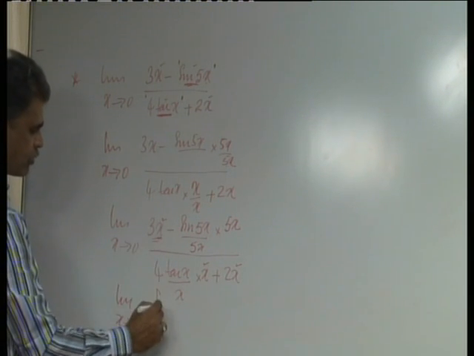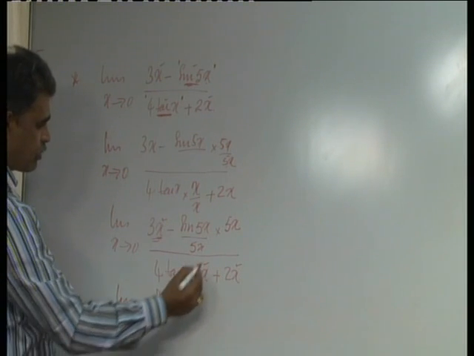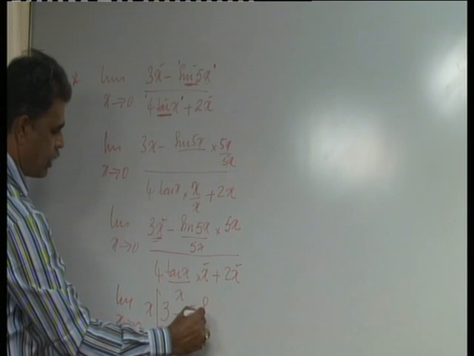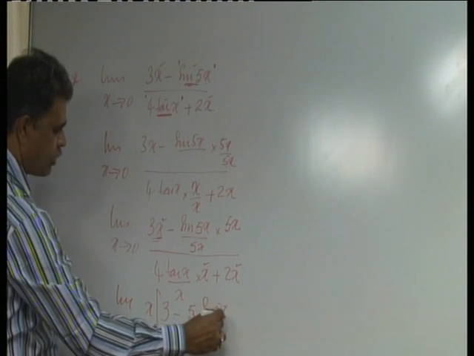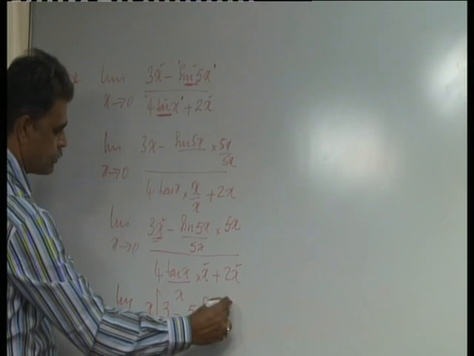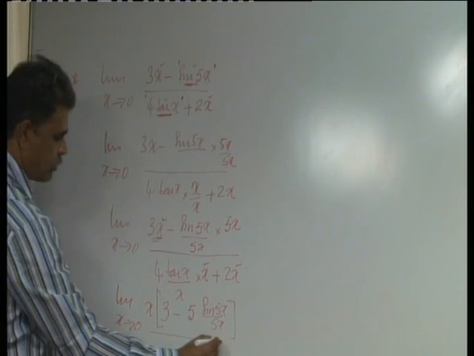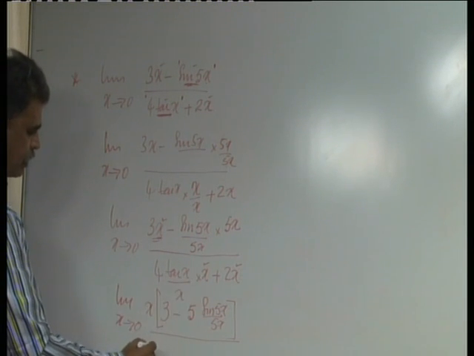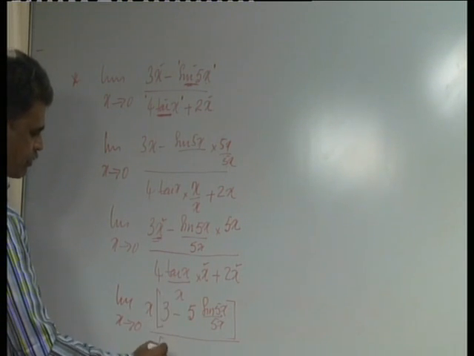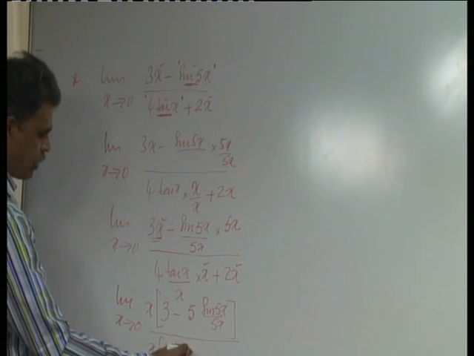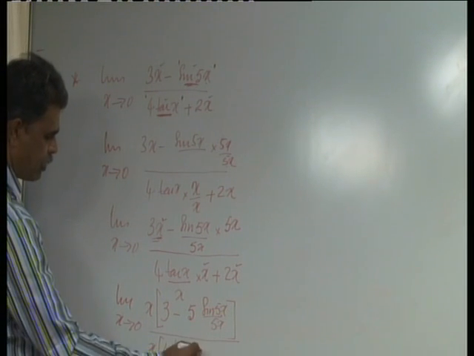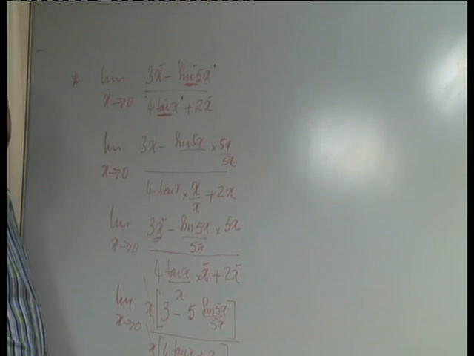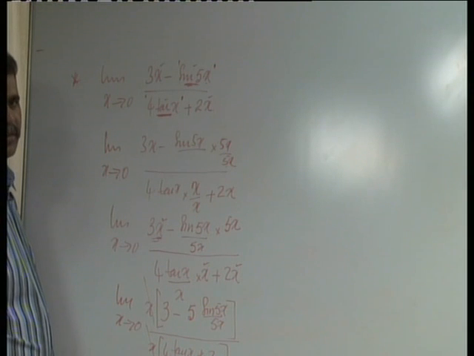If I take x outside, what is remaining? 3, minus 5, I will take first 5 and the remaining sin 5x divided by 5x, whole divided by, in the denominator also you take x as common. If I take x common, the remaining is 4 into tan of x divided by x plus 2, only x gets cancelled, x gets cancelled.